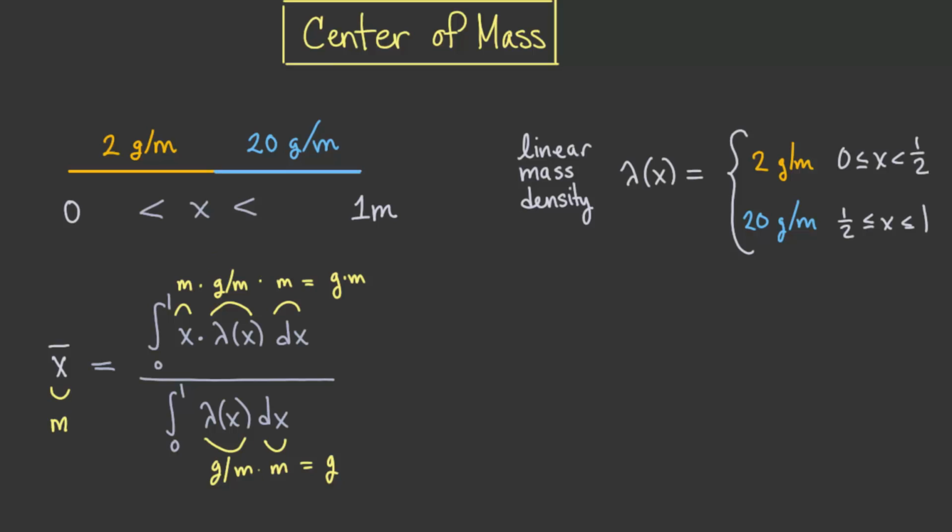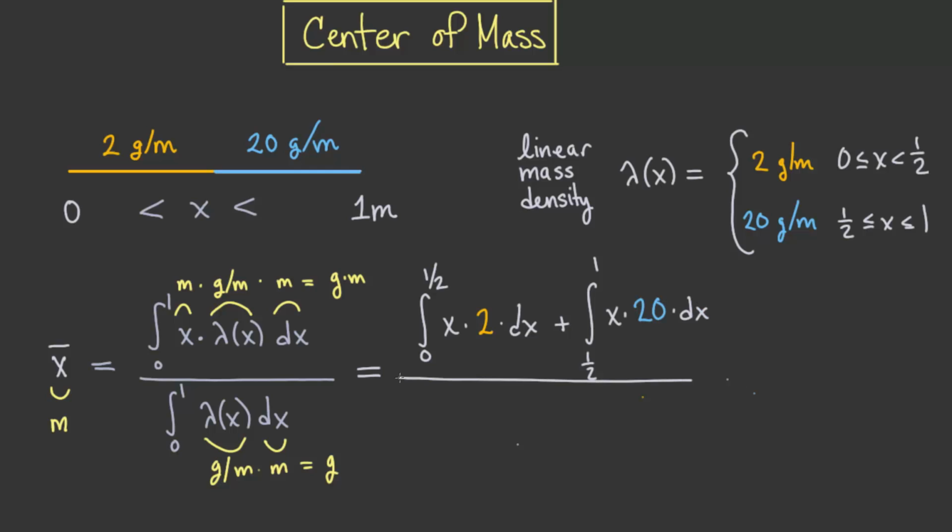Let's finish this computation by expanding out these integrals. The numerator is equal to the integral from 0 to 1/2 of x times 2 dx, plus the integral from 1/2 to 1 of x times 20 dx.